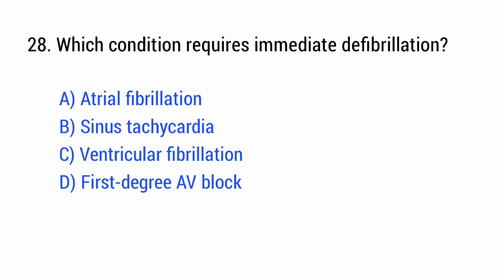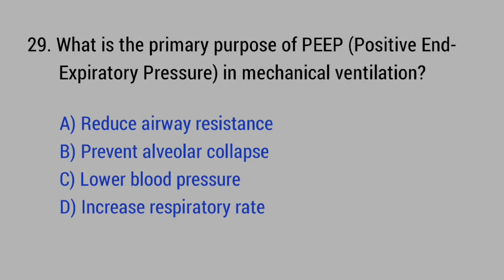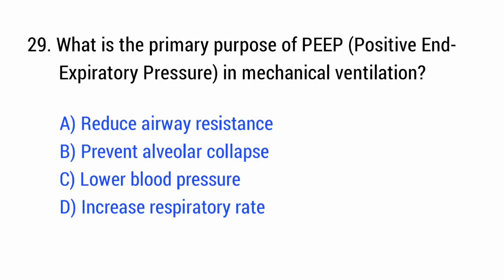The right answer is option C, ventricular fibrillation. Question number 29. What is the primary purpose of PEEP, positive end expiratory pressure, in mechanical ventilation? The right answer is option B, prevent alveolar collapse.